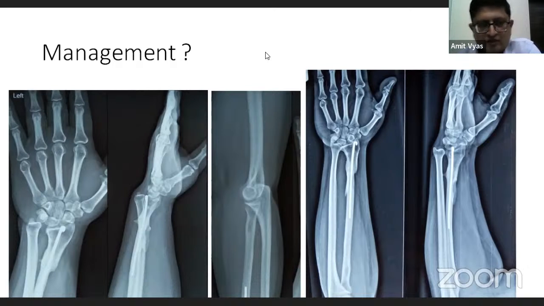But as I asked previously also, because it was 3 years old and I was skeptical about doing this, because he was functionally well, and although he was young, he is not engaged in very heavy activities, and his left side was involved.